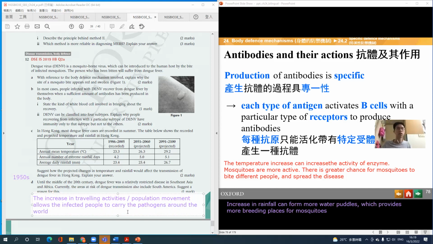So when mosquitoes bite them, they will also spread the pathogens to South America. You will also spread the disease there.